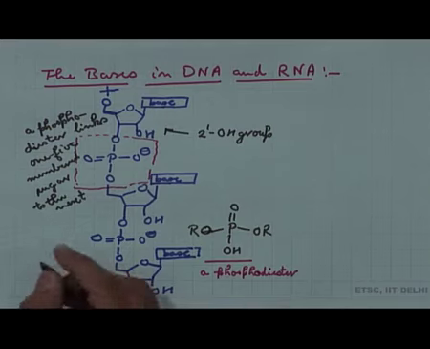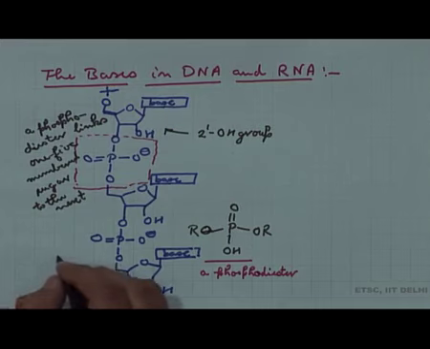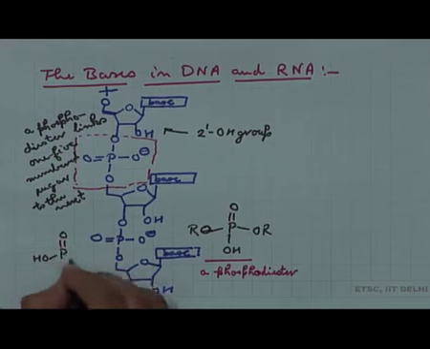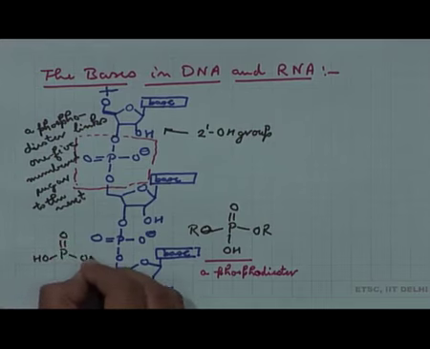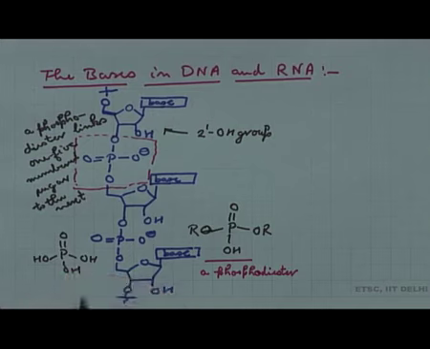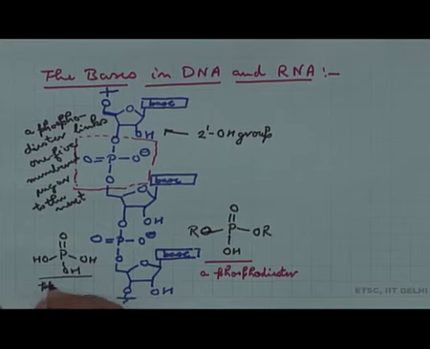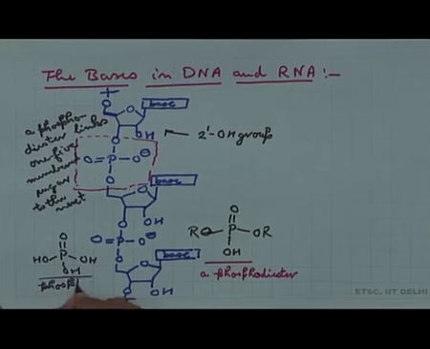It is almost similar to phosphoric acid. In phosphoric acid, what do we have? HO, H3PO4. This is phosphoric acid. So, this is about the RNA.